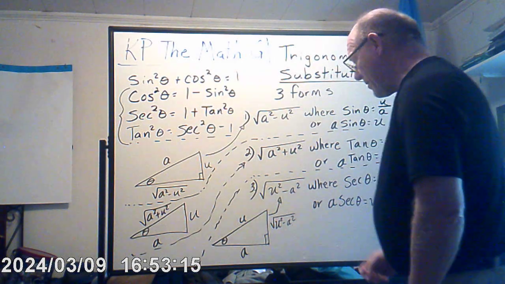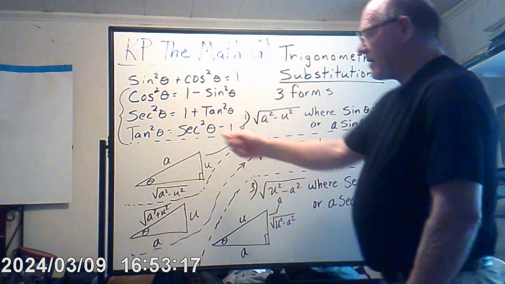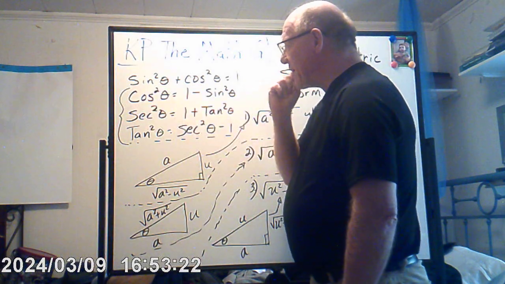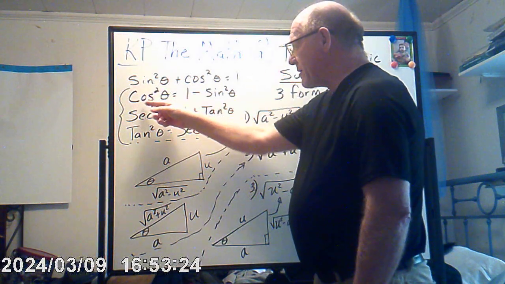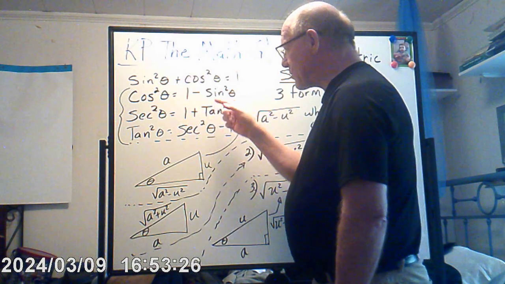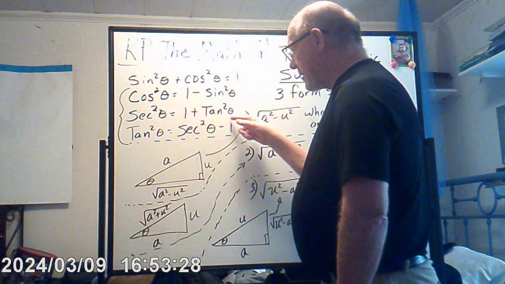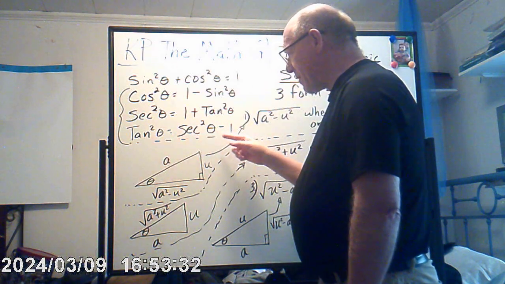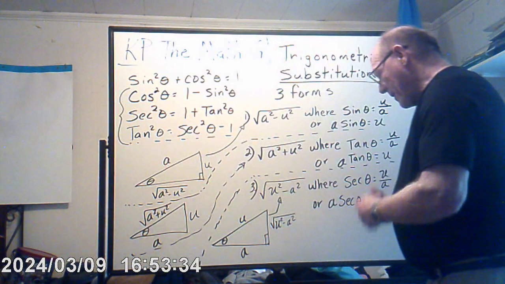Okay, and then the third one. See here, I did sine. Of course I could have done sine squared is 1 minus cosine squared, but anyway, secant squared is 1 plus tangent squared, and tangent squared is secant squared minus 1.